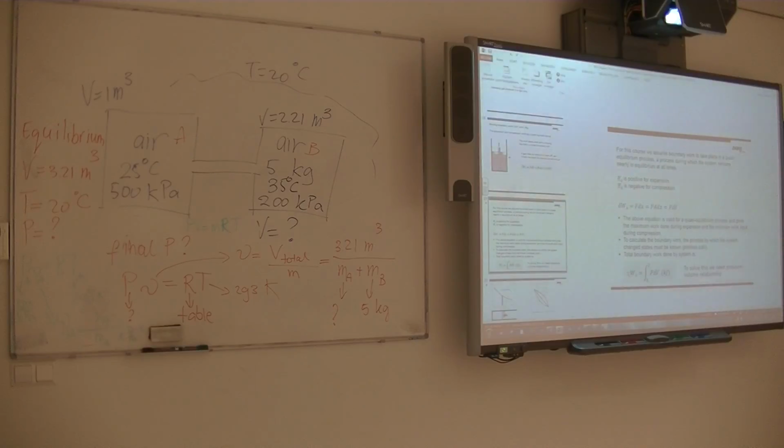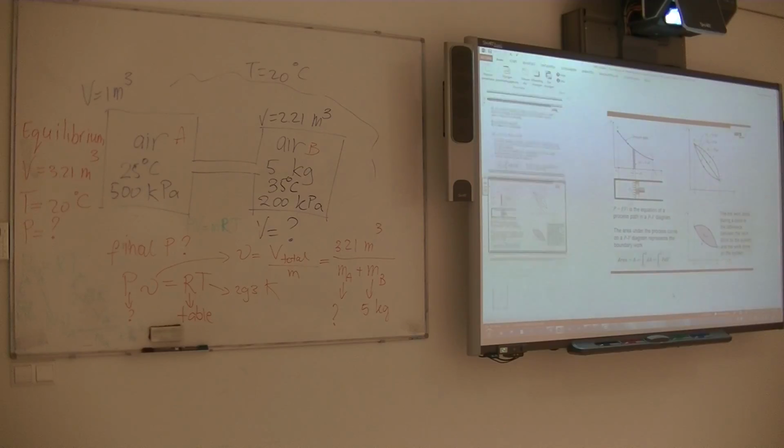Now, if we have to integrate this, because the pressure doesn't remain the same during the whole process, for example, we have to do an integration for this calculation of the work. And if we want to be able to do this calculation, we need a relation between the pressure and the volume. That's the only way we can integrate it. So then you can use your maths course.